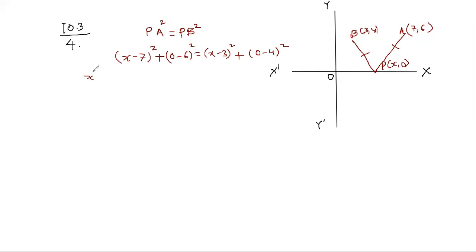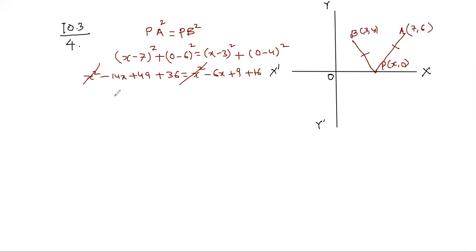Squaring: x square minus 2 sevens are 14x plus 7 sevens are 49 plus 6 sixes are 36 is equal to x square minus 2 threes are 6x plus 3 threes are 9 plus 4 fours are 16. This x square will cancel.